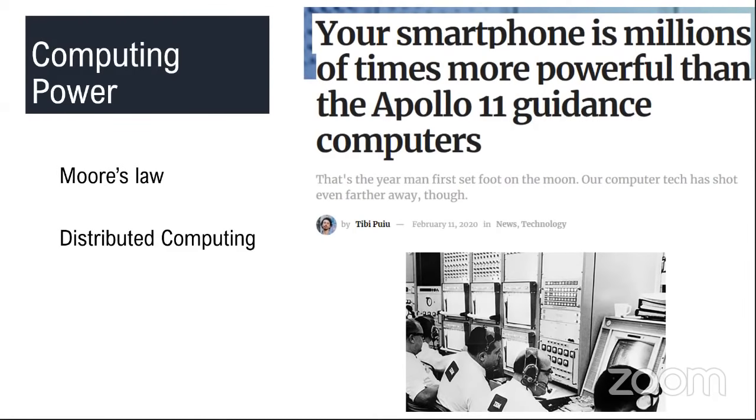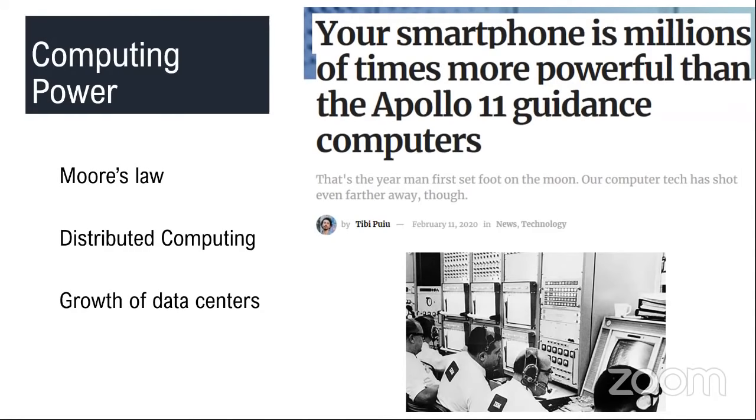And another factor is distributed computing. You can think of Gmail, you can think of other Google services like Google Maps, or you can think of AWS and so on, right? So if you cannot do it in one desktop computer, you just distribute the computation and gather and accumulate the results. And we were able to get away by distributing the computation, we were able to handle lots of data.